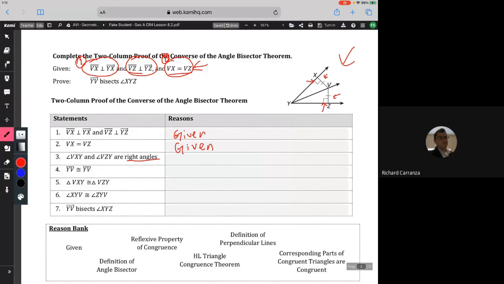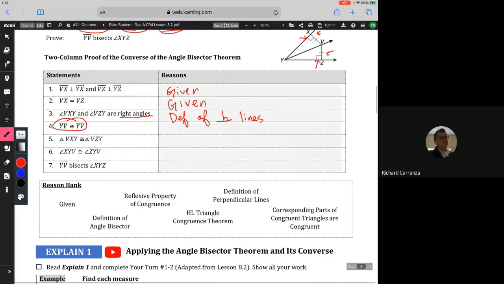So we know that they're right angles. That's a definition of perpendicular lines. And again, that's the symbol for perpendicular. Then we have, so look at the definitions down here at your reason bank. Do you remember what we should use for number 4? It says YV is congruent to YV.